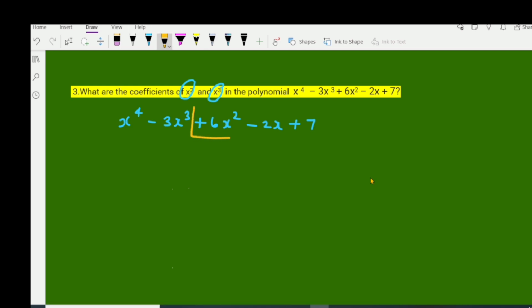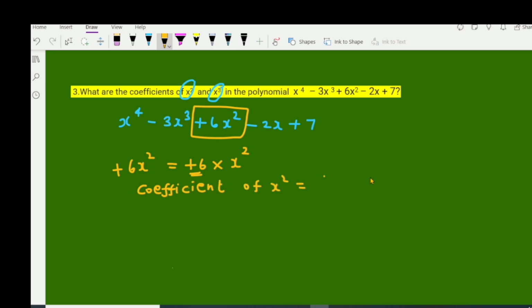Plus 6x squared is plus 6 multiplied with x squared. You know the number multiplied with the variable is the coefficient. So here plus 6 is multiplied with x squared, so the coefficient of x squared is 6.